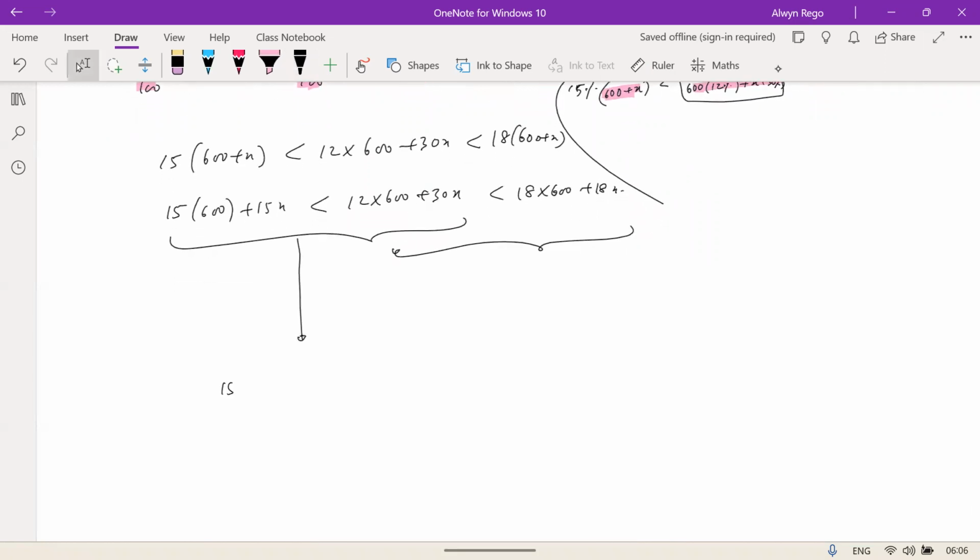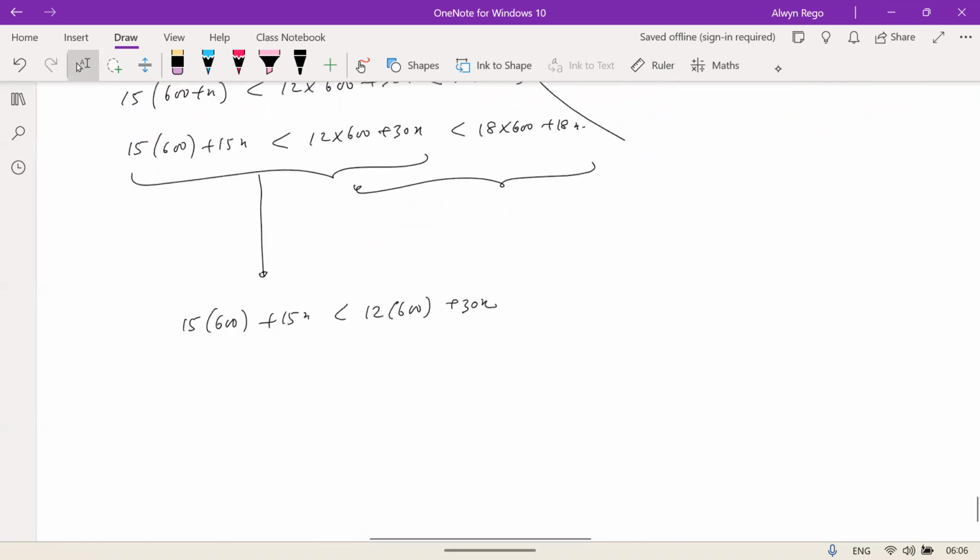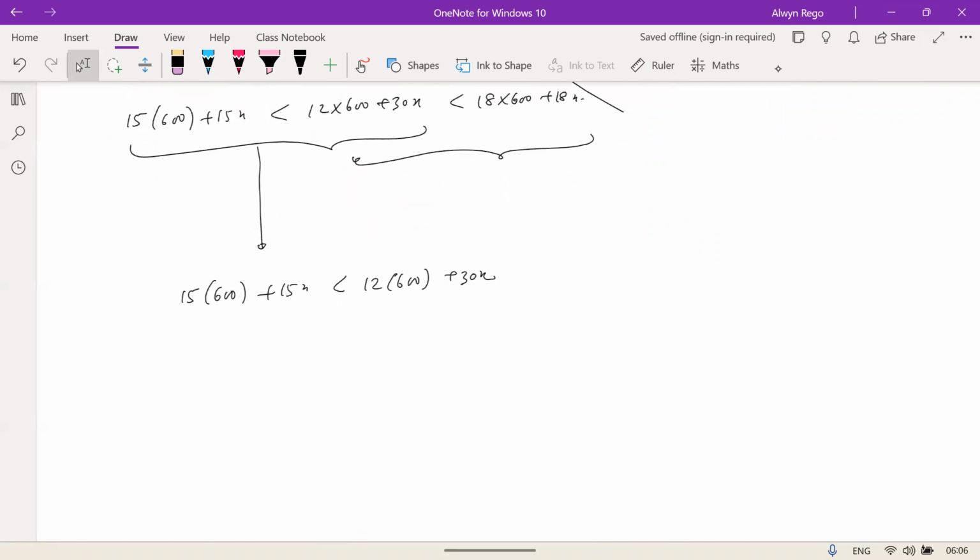So you have 15 times 600 plus 15 times X is less than 12 times 600 plus 30 times X. Therefore, 15 times X minus 30 times X is less than 12 times 600 minus 15 times 600. So minus 15 times X is less than 12 times something minus 15 times the same thing, which equals minus 3 times 600.